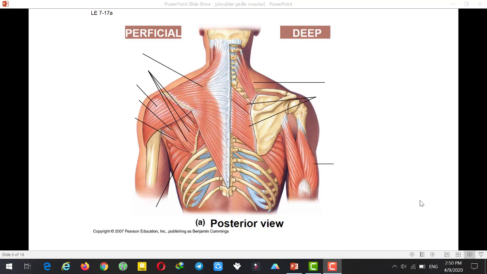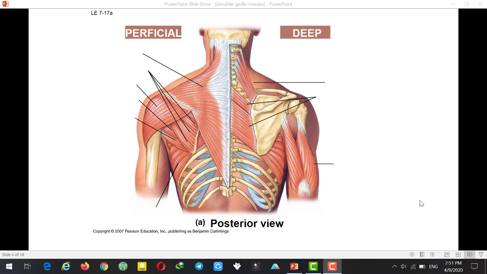Trapezius covers some muscles like levator scapulae, rhomboid minor, rhomboid major, supraspinatus, infraspinatus, latissimus dorsi, serratus posterior superior, and other muscles.